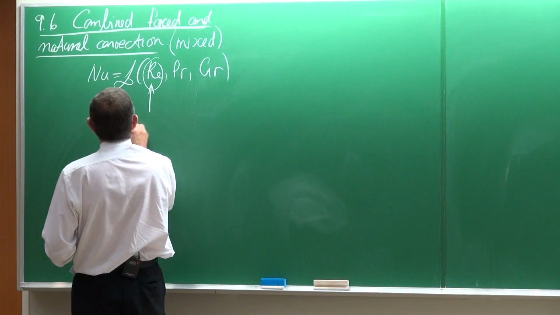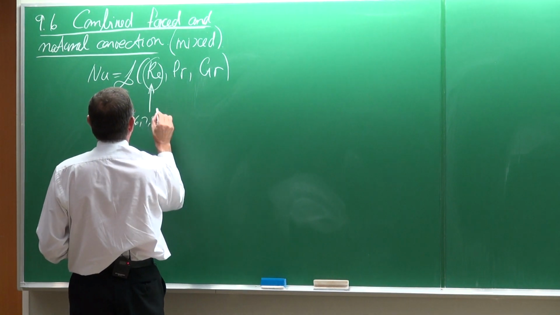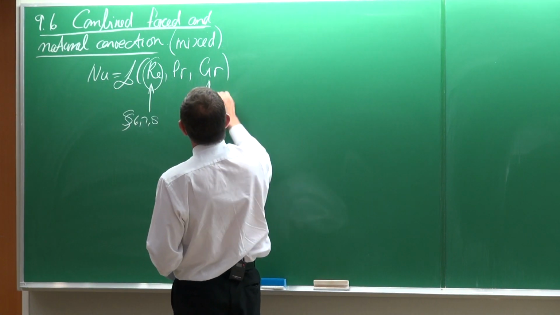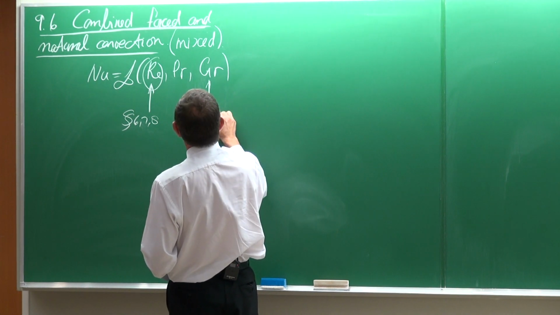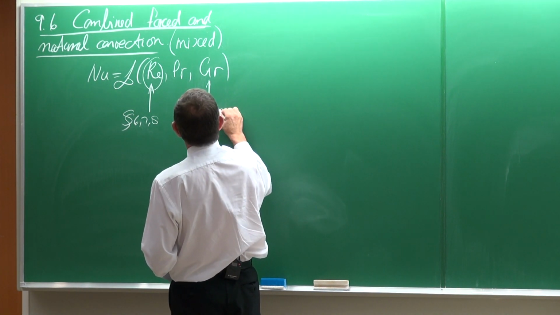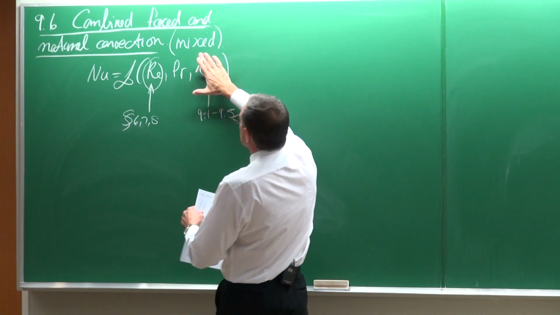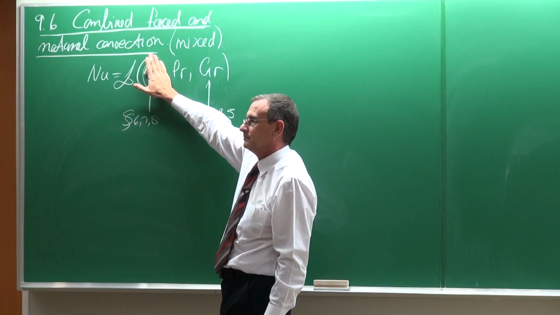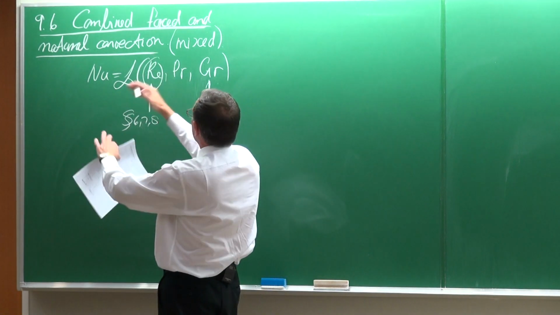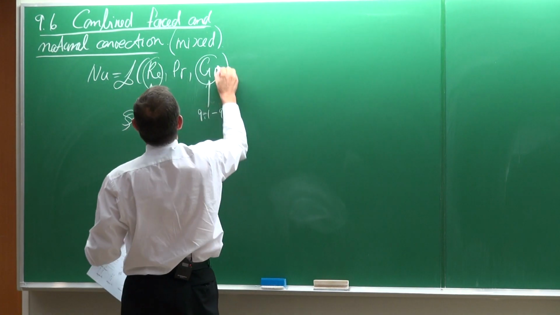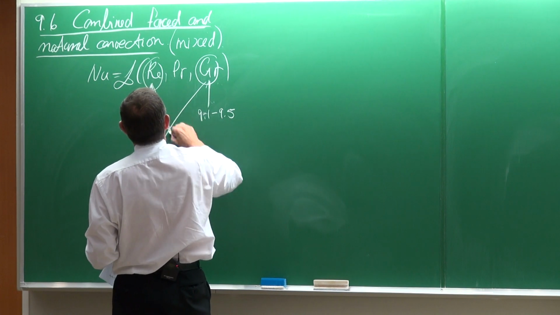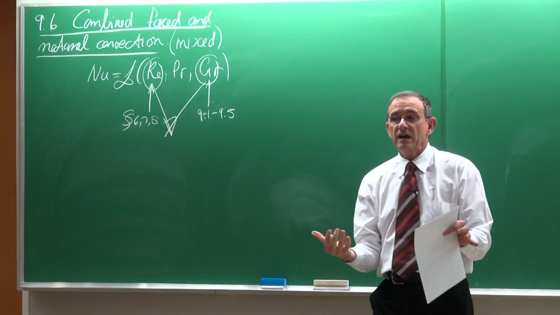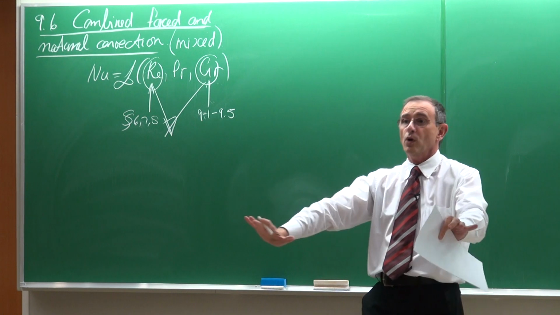And then in chapter 9, from 9.1 to 9.5, the Grashof number was the most important one, and the Reynolds number was negligible. So in paragraph 9.6, both of them combined are very important, and we cannot neglect one of the two.